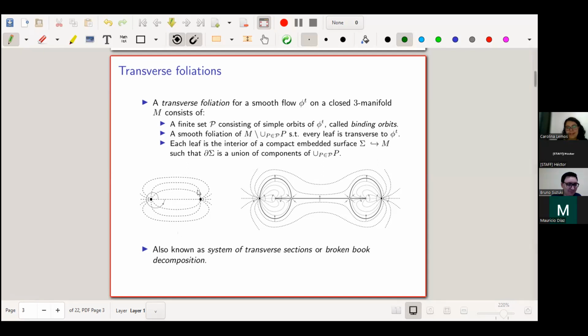Actually, I forgot to mention, you can think of this as S3, as R3 with a point at infinity. So this is an example of a transverse foliation. Actually, this is an open book decomposition of S3. So you can also think of a transverse foliation as a generalization of an open book adapted to your flow.